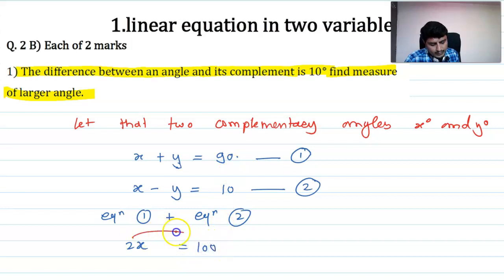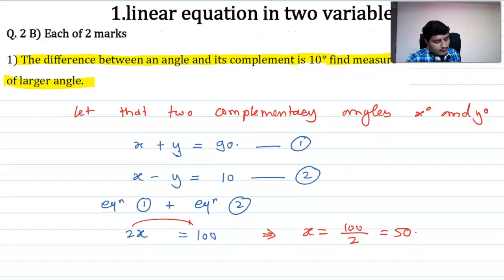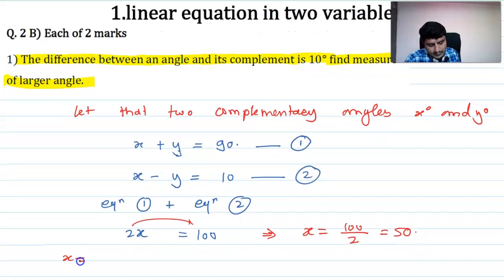Now to evaluate the value of variable x, we have to shift 2 from LHS to RHS. So 2 is the multiplier, after shifting it becomes the divisor. So 100 divided by 2 we have 50. So the value of variable x we are getting is 50. Now to evaluate the value of variable y, let us put x equals 50 in equation 1.